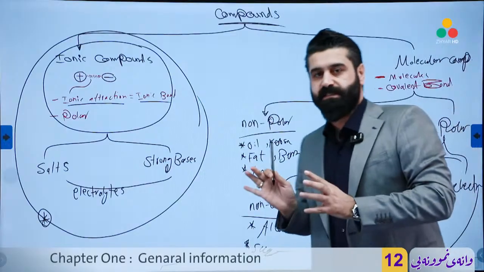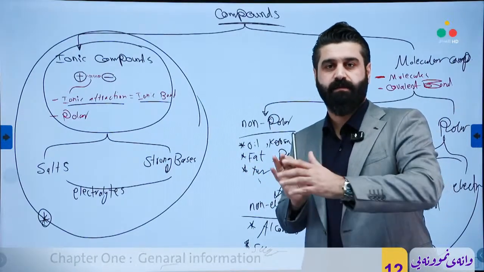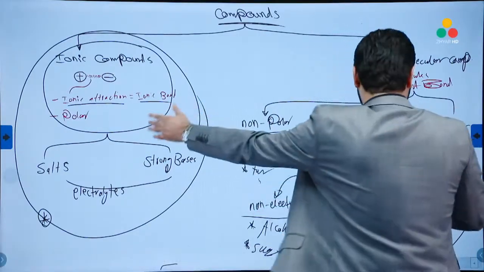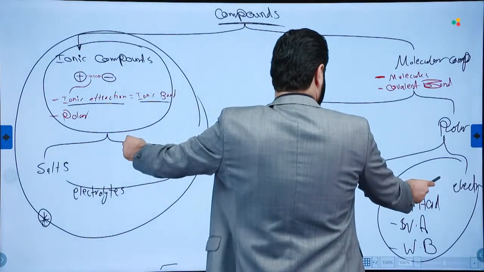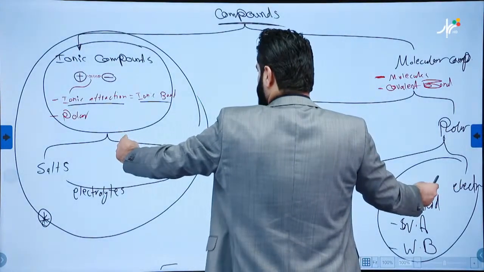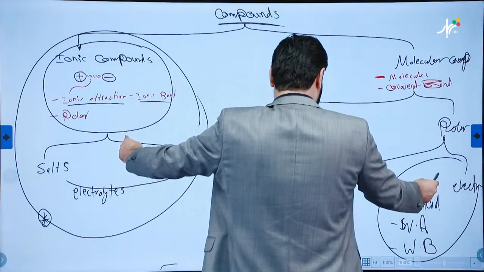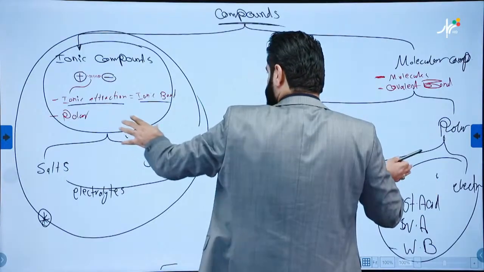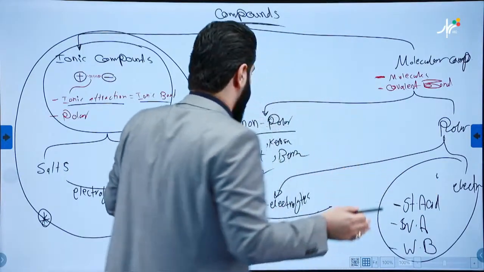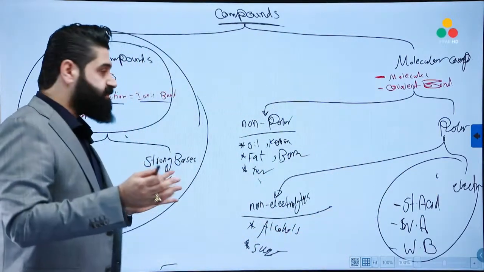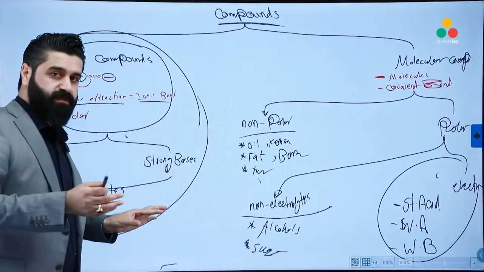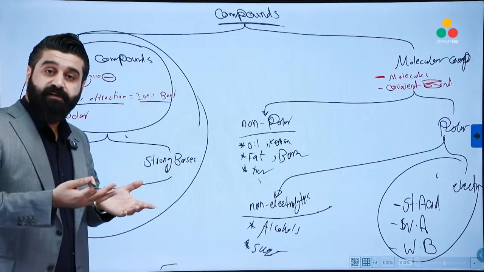Why don't we write them together as a single class? Both are polar, both are electrolytes, of course. But why do we separate them? Because of their behavior. After their dissolution in water, they behave in different ways.